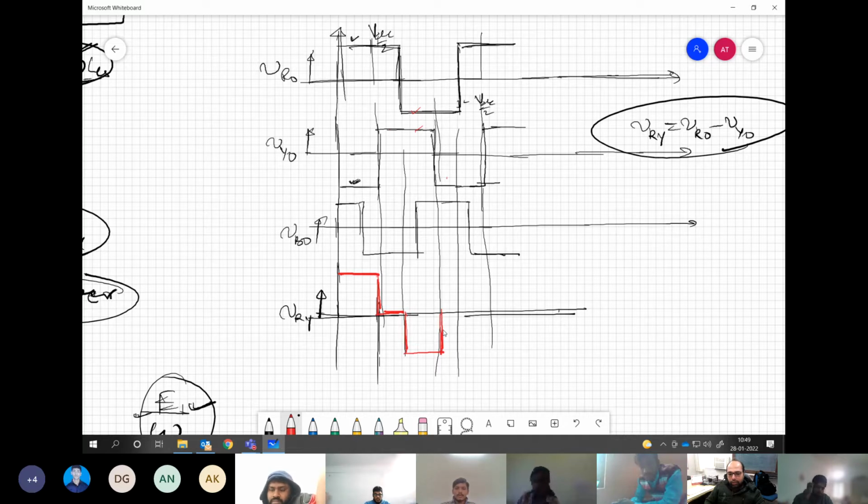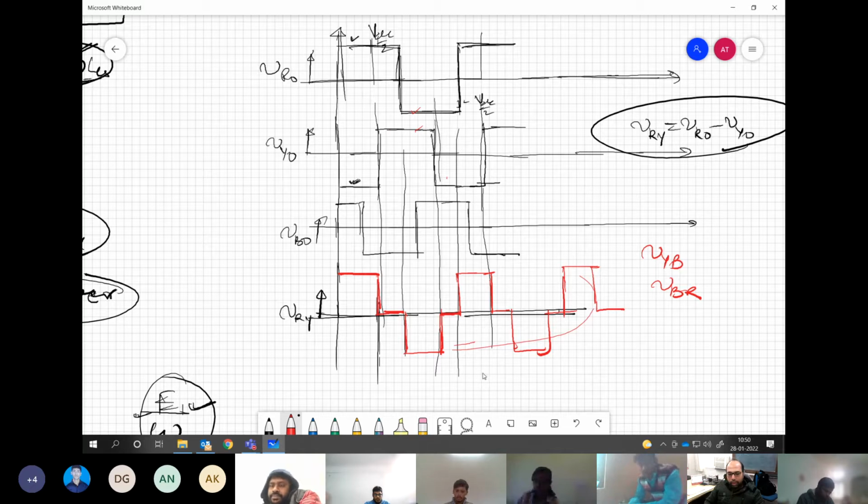Again, both are coming negative, so this will come here, and then this cycle will repeat. Similarly, if you draw VYB or VBR, that will be only shifted form of this waveform.